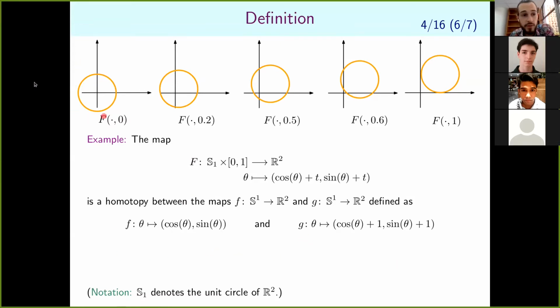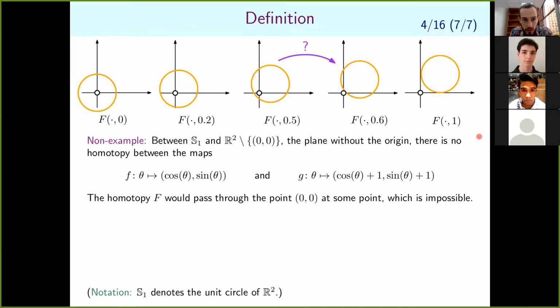So these two maps, f and g, are homotopic. A counterexample here. Sometimes you cannot translate your object in your codomain.